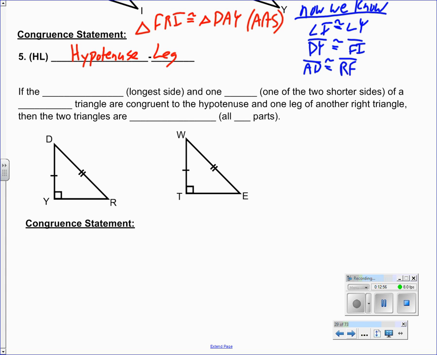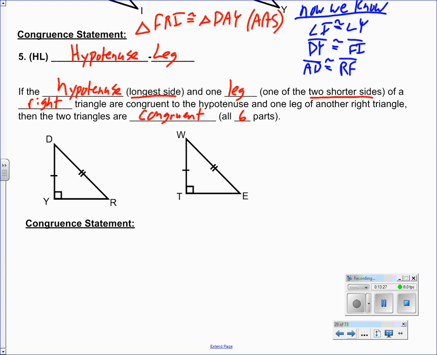This one says if the hypotenuse, which is the longest side of a right triangle, and one leg, which is either of the 2 shorter sides of a right triangle, are congruent on 2 different right triangles, then we know those 2 right triangles are congruent. And again, that means all 6 pieces of the triangle.